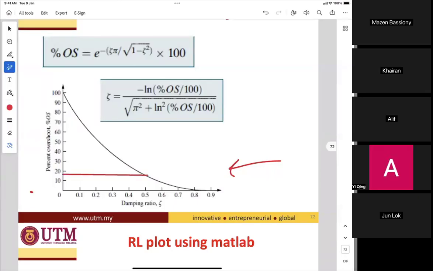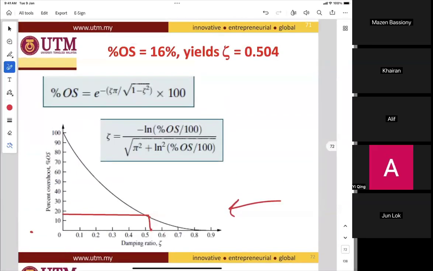I want to know the exact value. 0.504. 12, 14, 16, 18. 16 is 0.52? 0.504? Yeah. 0.504. Okay.